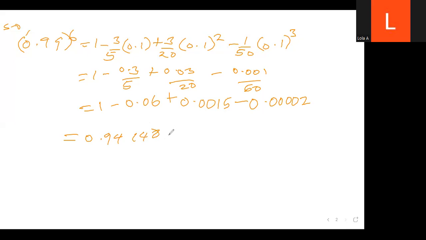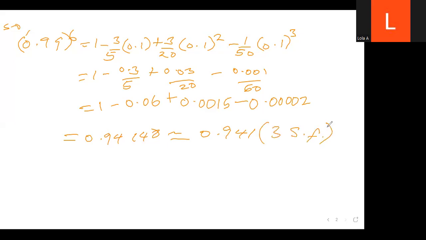So you can leave the answer in 3 significant figures, and that will be 0.941 in 3 significant figures.